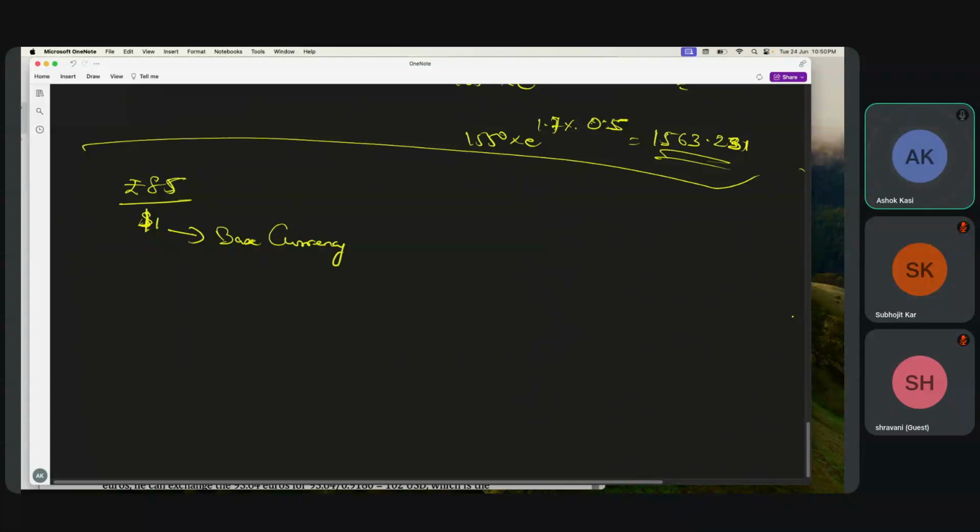Any currency mentioned in the denominator is considered the base currency, and any currency mentioned in the numerator is called the price currency.